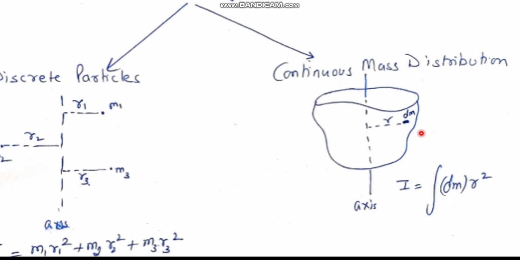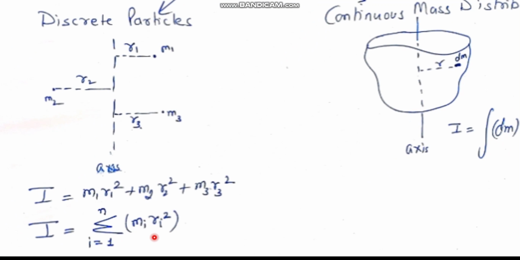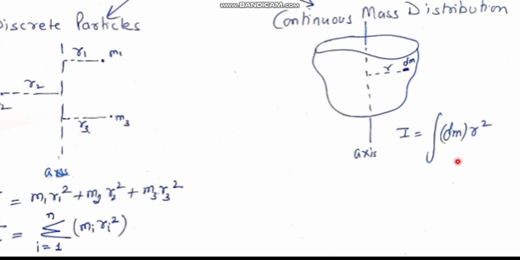So we are basically dividing the continuous mass distribution into small elementary particles, and suppose there is a particle of mass dm whose distance from the axis of rotation is r, then the moment of inertia for this particle will be dm r². And if I sum, this sign of integration actually is an elongated S for summation. So the moment of inertia is the summation of dm r². It is similar to this notation. The only difference is that in place of writing mi ri², I am writing it as dm r².